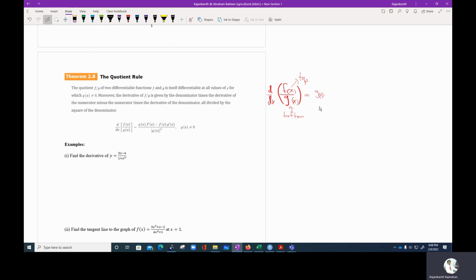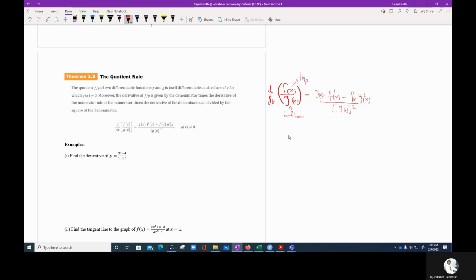So the quotient rule says that the derivative of f over g is the bottom function times the derivative of the top function f, then subtract the top function times the derivative of the bottom function, and divide everything by the bottom function squared. You could use this formula to find the quotient rule form.